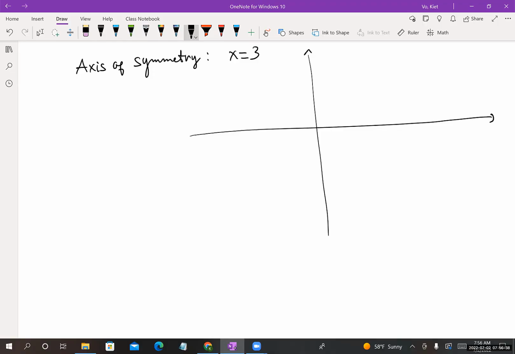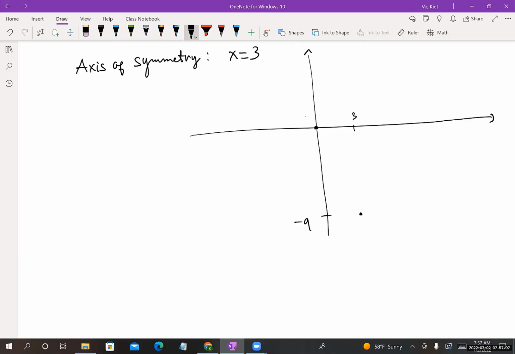So let's say negative 9 is here, and say this is 3. So this would be where the vertex is, and this 3 would be halfway between the two x-intercepts.